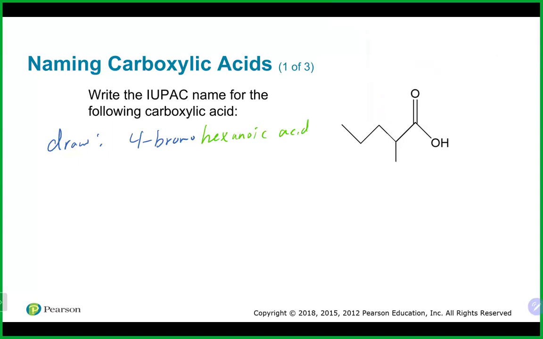Let's do 2-ethyl 3-methyl benzoic acid. And why don't you also give me the name for, not that.